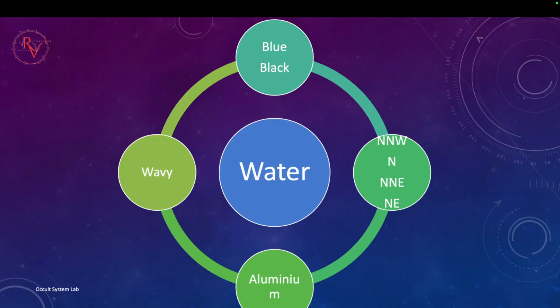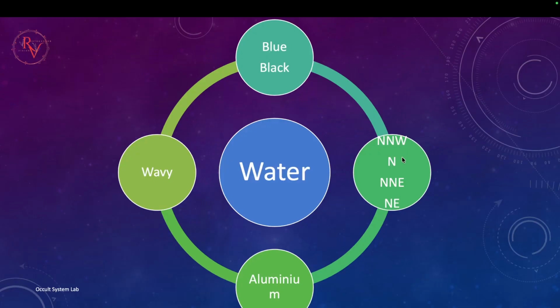And now let us check what the various attributes of the elements are. Okay. So water element is blue or black in color. So if anything is blue or black in color, that is water element.